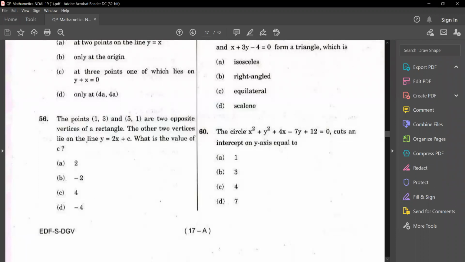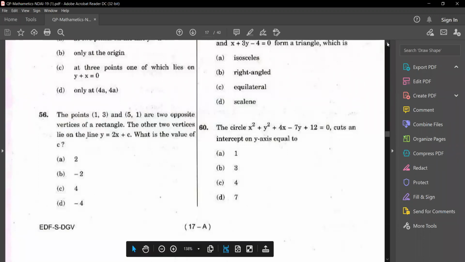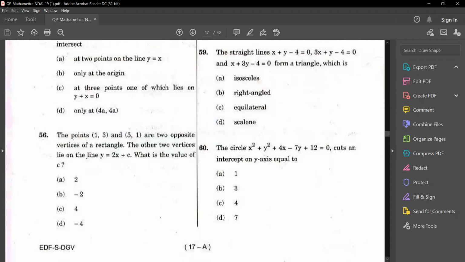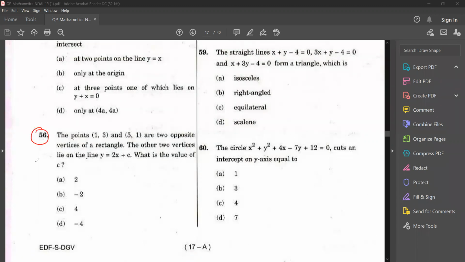We have done the 55th question. Now see question number 56. The points 1, 3 and 5, 1 are two opposite vertices of a rectangle. The other two vertices lie on the line y is equal to 2x plus c. What is the value of c?